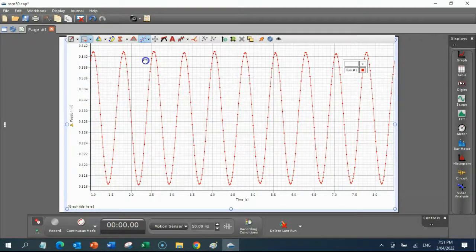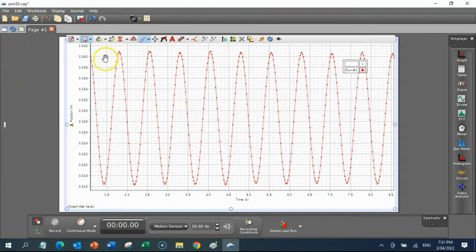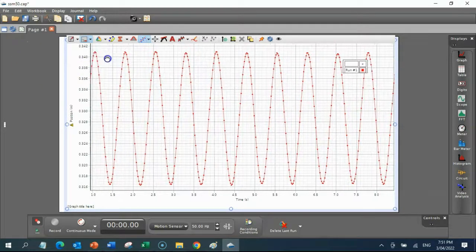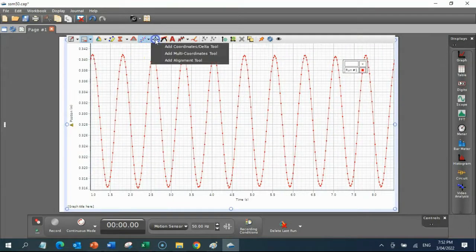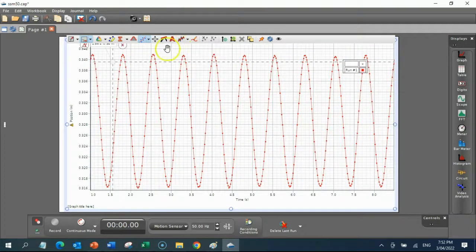And I'll just try and get it so that the graph starts up here at the peak of this wave here. And I'll use the marker here to find its exact coordinate. So I'm moving that to the top there and moving this across here. Now I'm going to pick out 10 waves.